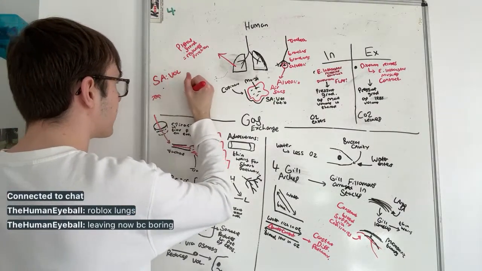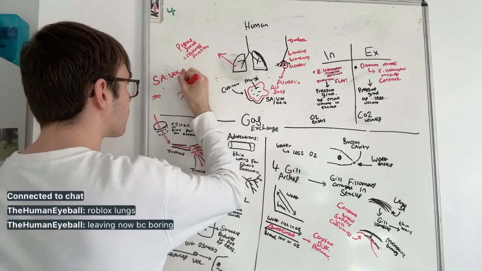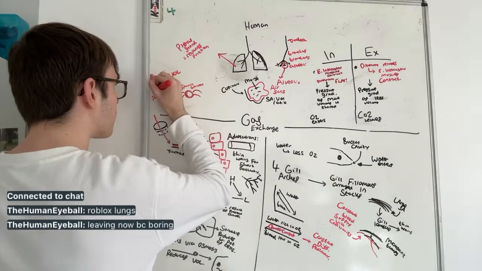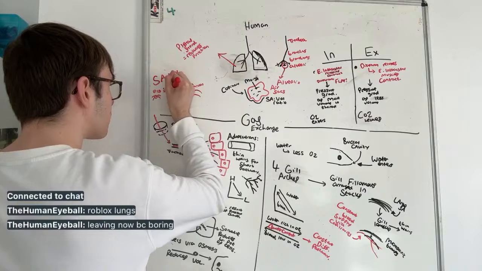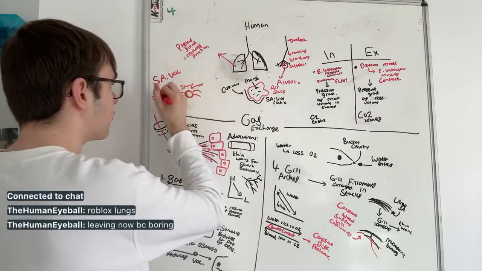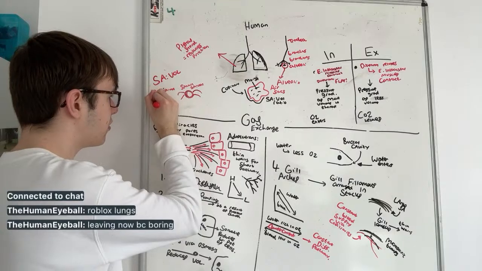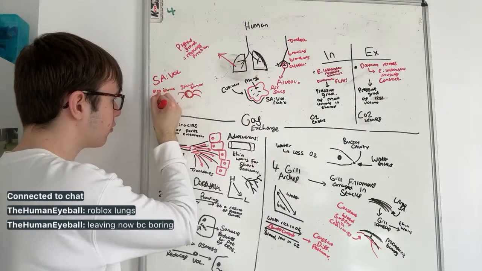I'll draw like a little thing and then a big thing. So if it has a big surface area volume ratio, it means it can diffuse directly, but it loses heat.